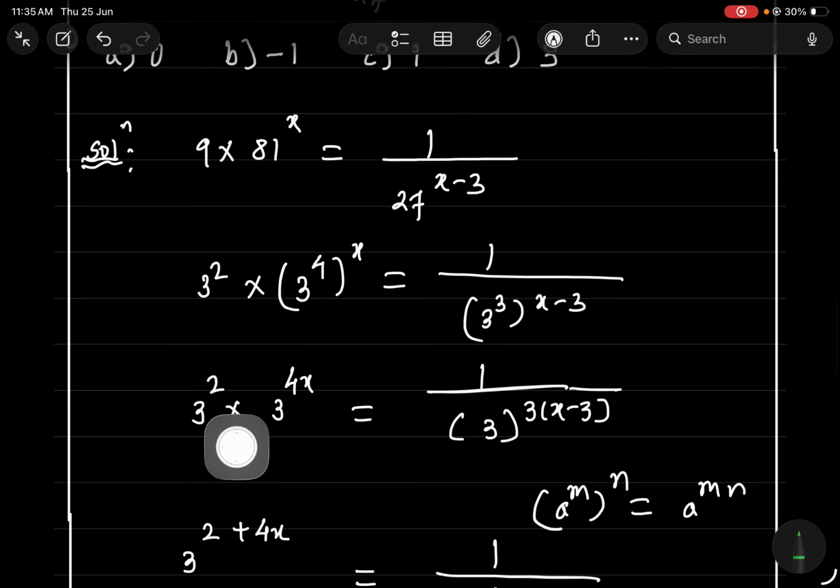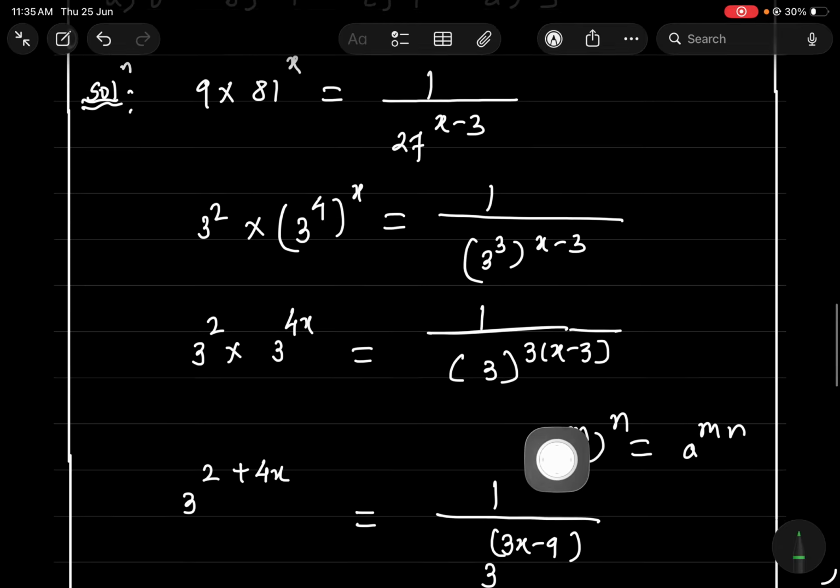So 3 square into, here also we use a raised to m raised to n equal to a raised to mn, means 3 raised to 4x. Here also the same we use.